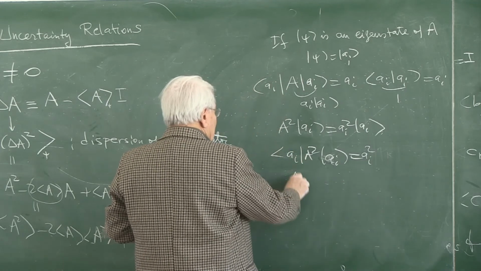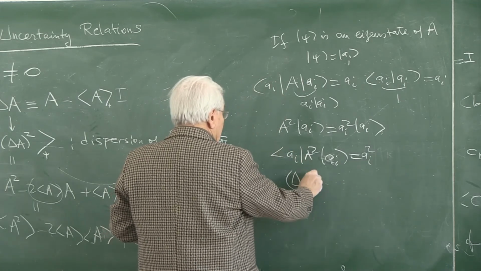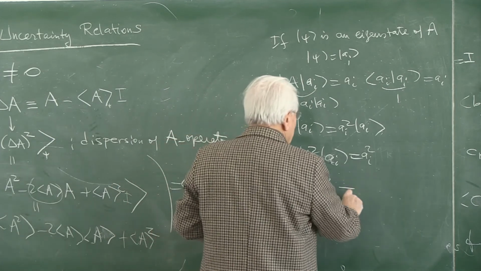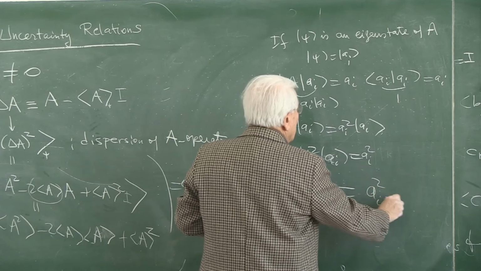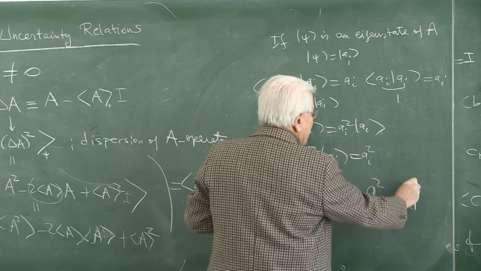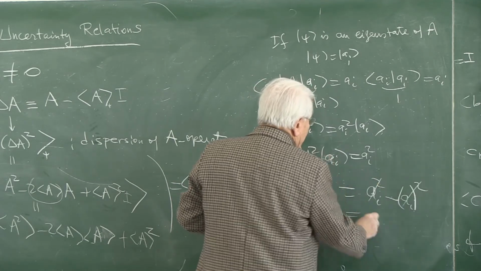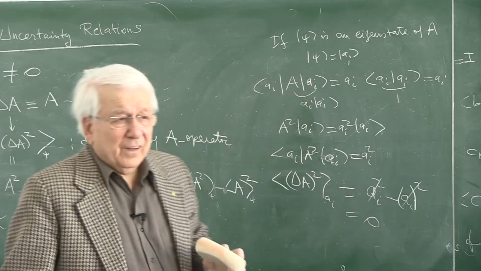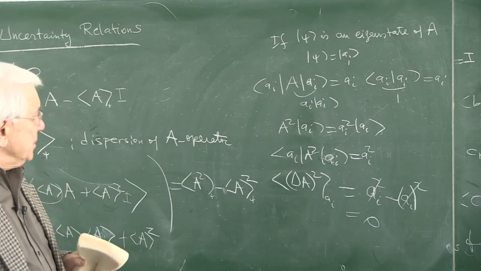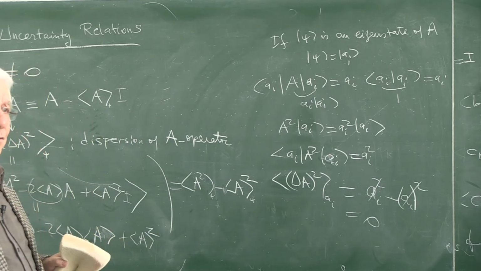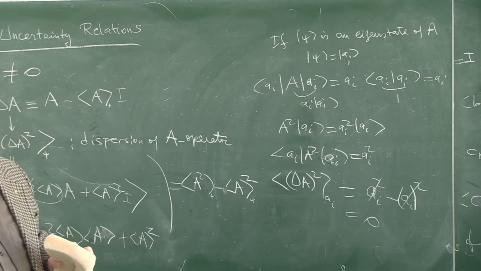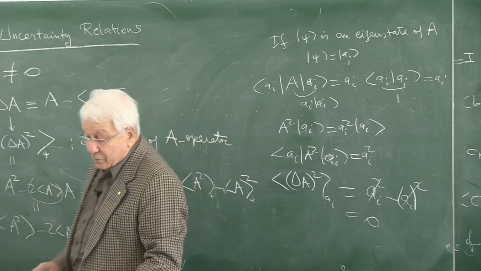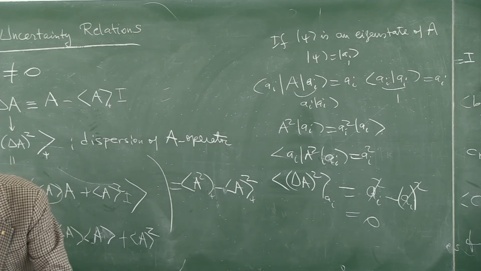Therefore, delta A squared in the a_i state is a_i squared minus a_i squared, 0. So when you compute this dispersion in any one of the eigenstates of the A operator, the dispersion is 0. Because that's an eigenstate, meaning that expectation values are really the eigenvalues. That's an important observation to start with.